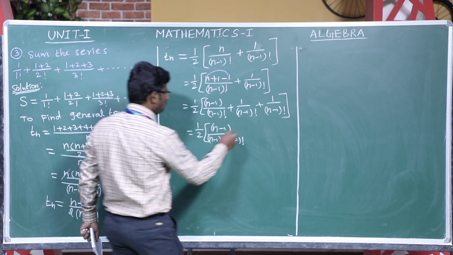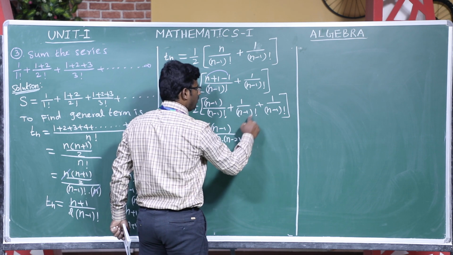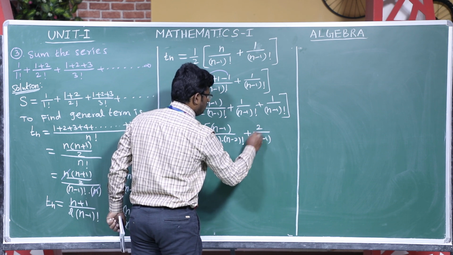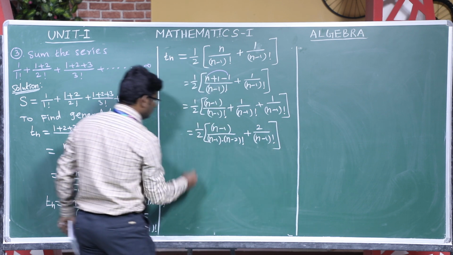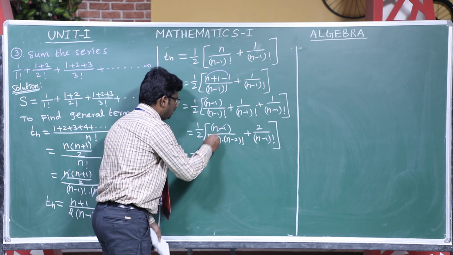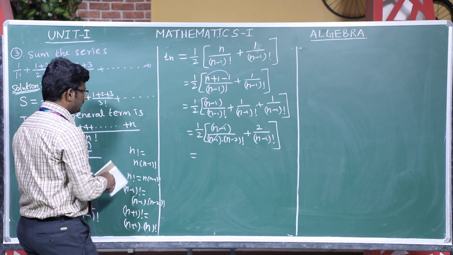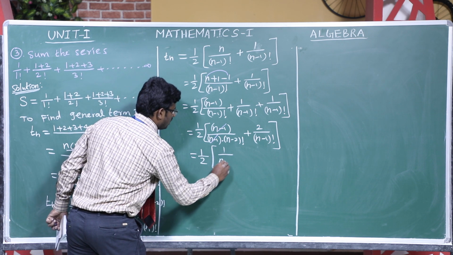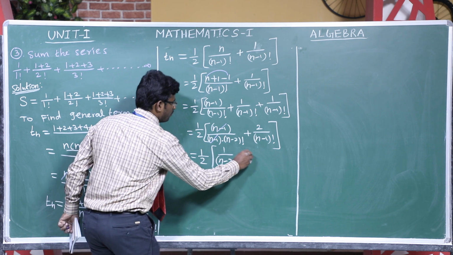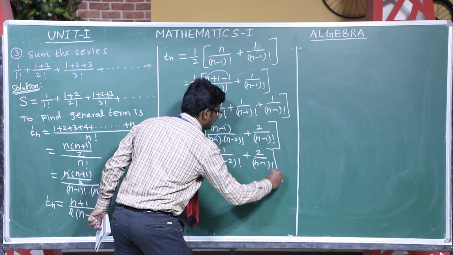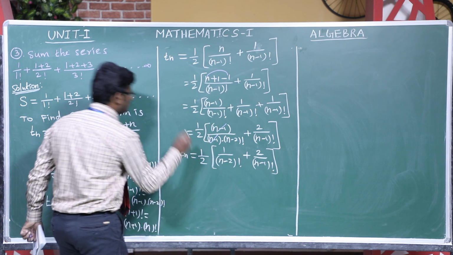Plus 1 by n! plus 1 by n!, that is 2 by (n-1)!. Equals to, see, (n-1)! and (n-1)! get cancelled, the remainder is 1 by 2 into 1 by (n-2)! plus 2 by (n-1)!. This is the value of Tn.